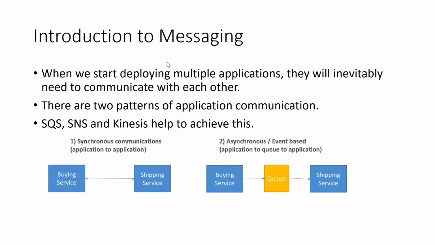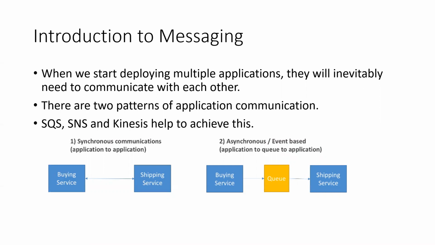Now we have 2 kinds of service communication: synchronous and asynchronous. Synchronous means direct application-to-application communication, with no third party or other mechanism involved. That means if your message is lost or fails, it is not possible to retrieve it, or trace where it went or why you didn't get it.